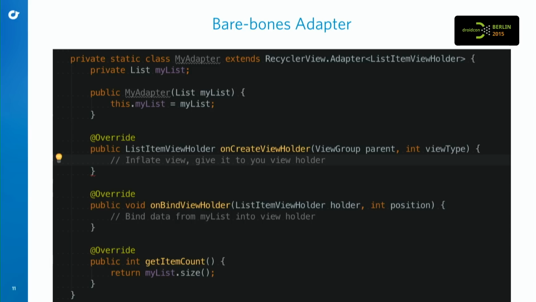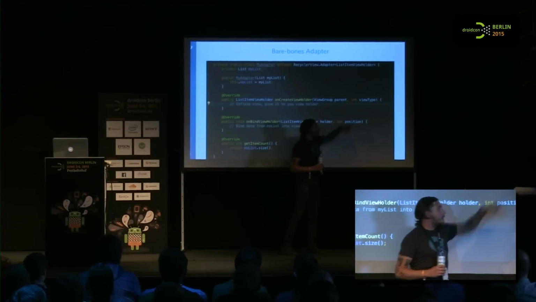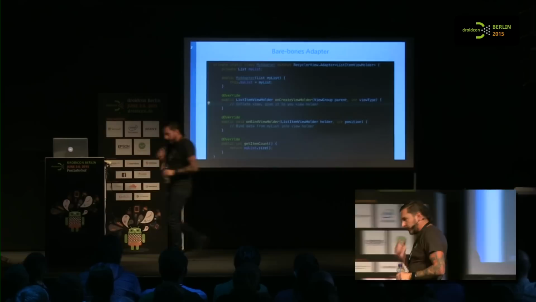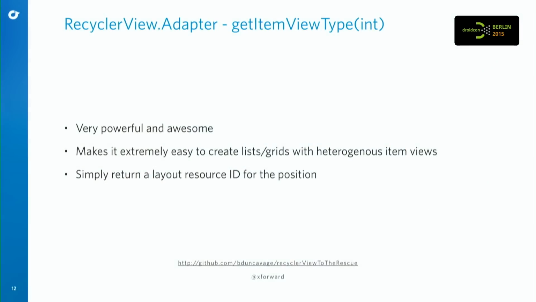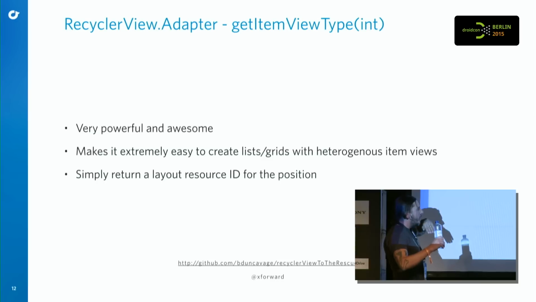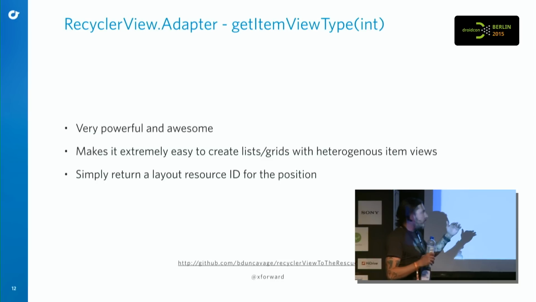And one more thing that's cool, which you don't have to implement but which makes it much more powerful, is this view type they're giving you. When they say create view holder, they don't give you a position to create it for. They give you a view type. So getItemViewType is similar to the one in the regular adapter, but it's more powerful, I think, because it lets you do what I have in the demo, where some items are a different layout than the others.